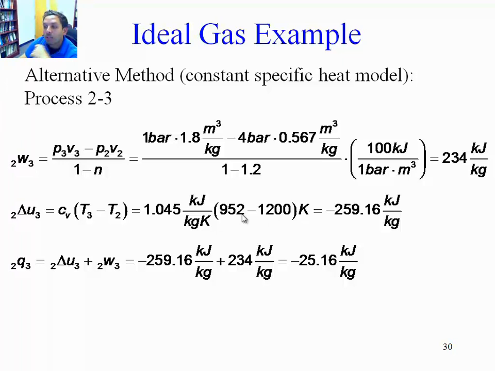The change in temperature is 952 minus 1200. And the energy change is therefore minus 259.16. Therefore, the heat, delta U plus W, comes up to be minus 25.16. Again, it's a waste heat, it's negative. But it's different than before. Before it was 29, now it's 25.